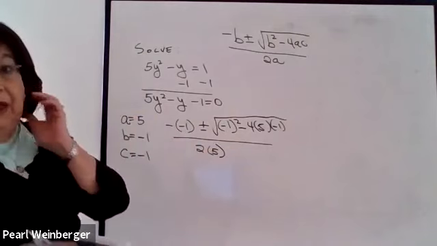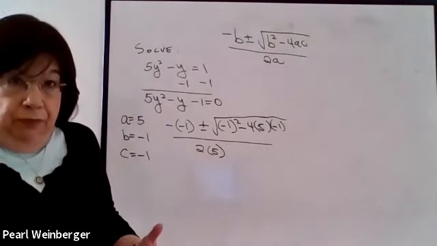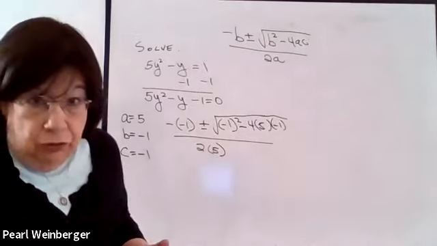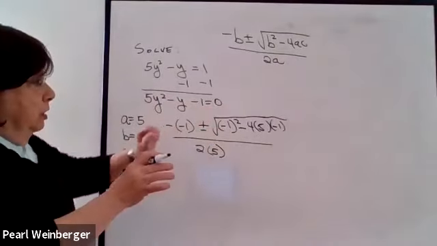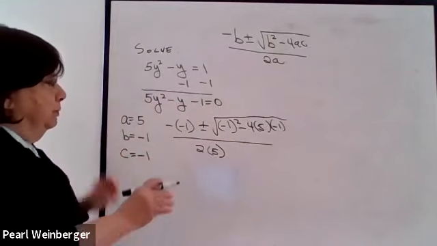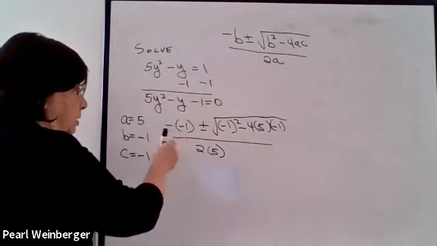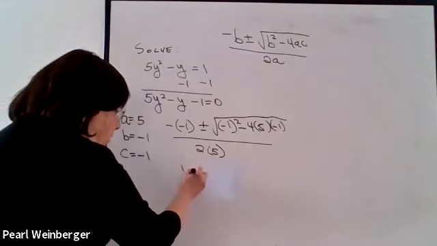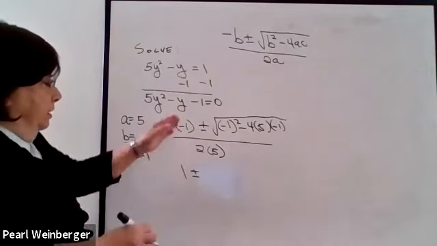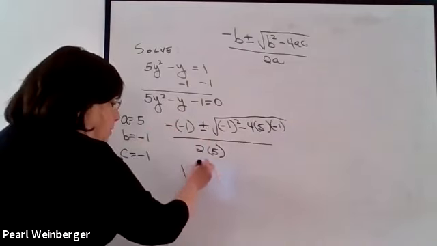The big thing here, once you've been careful to include all the numbers in the formula, is to make sure that you simplify properly. So this negative and a negative is going to give me a positive 1. Now let's see what's going to come out in that radical.